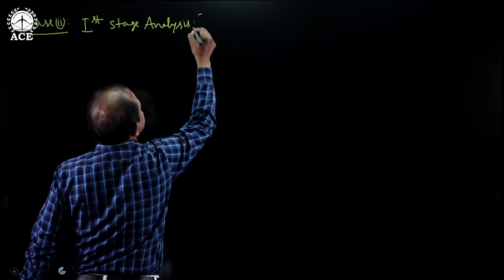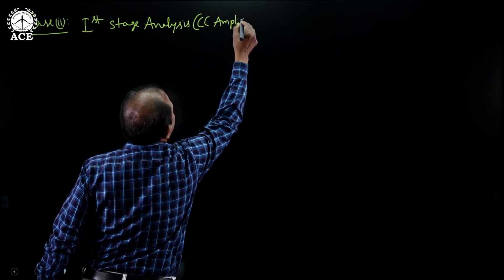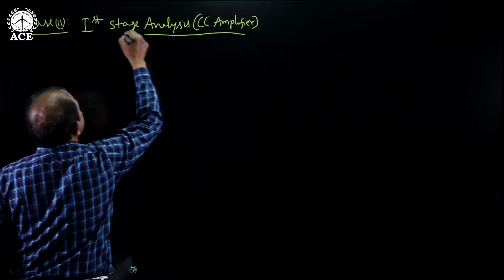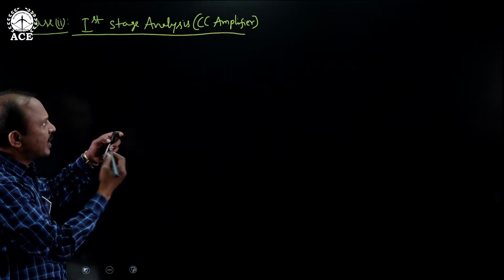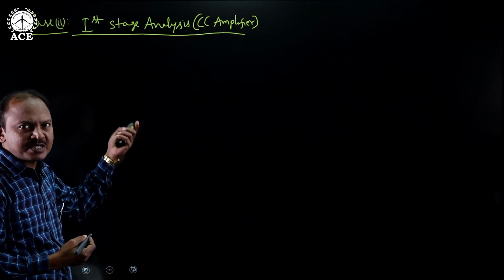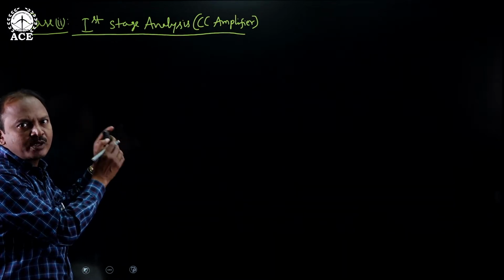First stage is also a CC amplifier. So, since just now we have completed the second stage analysis, which is a CC amplifier, by following the same procedure, we can easily estimate the 4 reference parameters in first stage also. So, instead of going for the derivations, I am just giving you the final equations here.